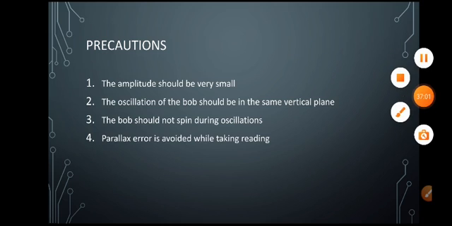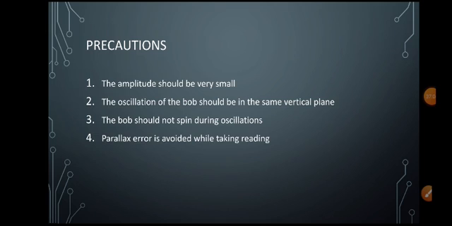Here, tighten the screw of the Vernier without exerting undue pressure, to avoid any damage to the bob. The pressure should be normal, no need to tighten the screw too much. And make sure to check the zero error of the Vernier calipers.